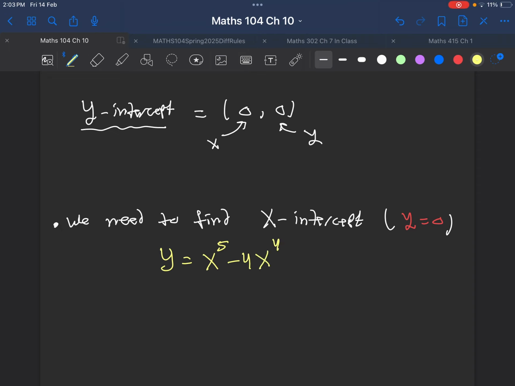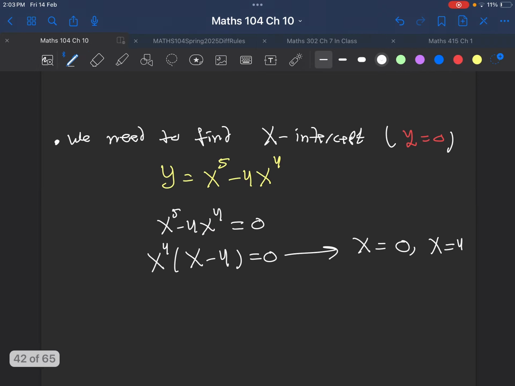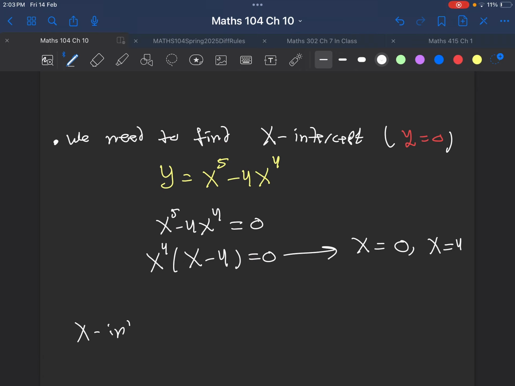So remember, the original function was y equals x^5 minus 4x^4. Now, if you plug in y equal to 0, we get x^5 minus 4x^4 equals 0. Take x^4 as a common factor, we get x minus 4 equals 0, which means either x equals 0 or x equals 4.